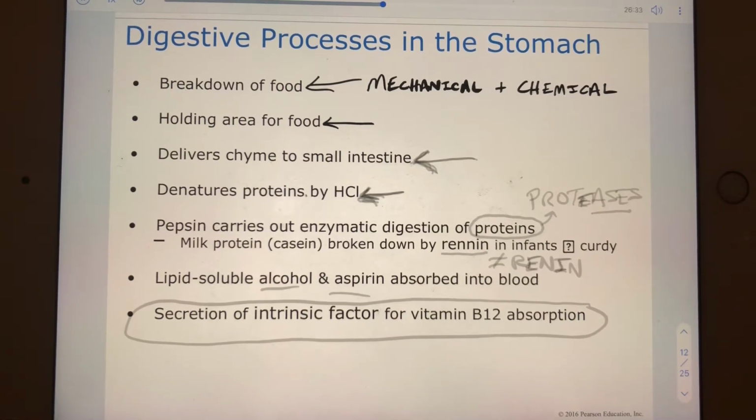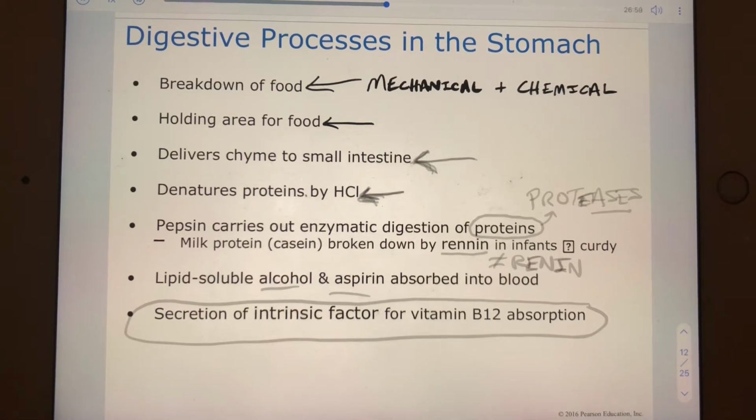Some of us have Crohn's disease, some of us have celiac disease, some of us have irritable bowel syndrome, and some of us are just more prone to flushing the stomach faster or flushing the stomach more slowly. But on average, foodstuffs stay in our stomach from anywhere from 2 hours up to 6 hours.